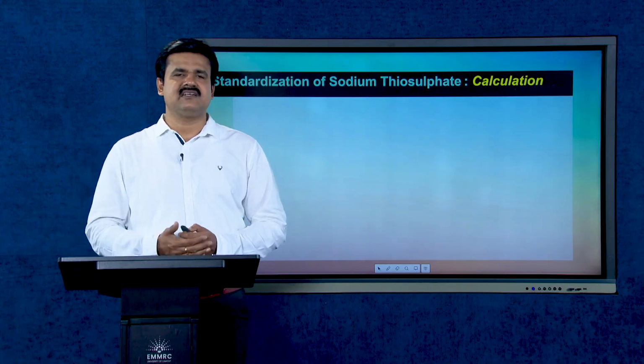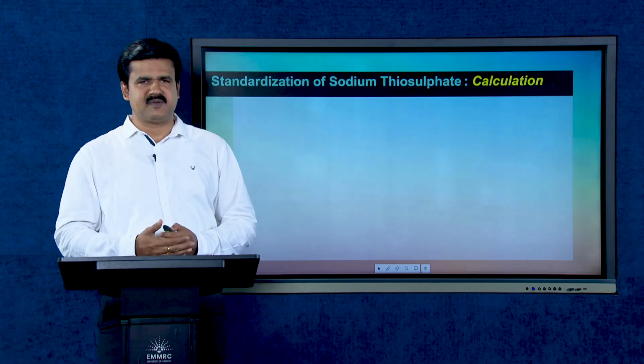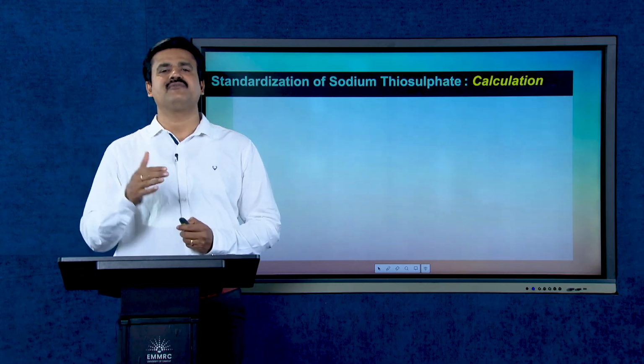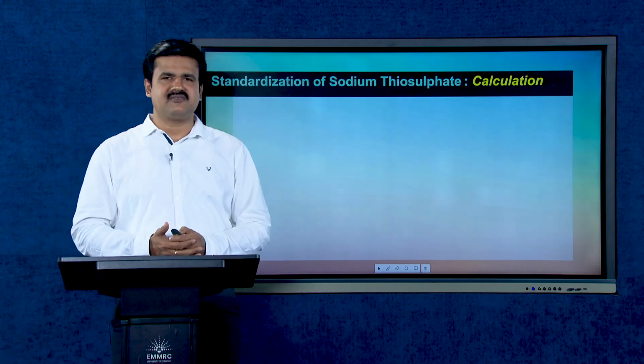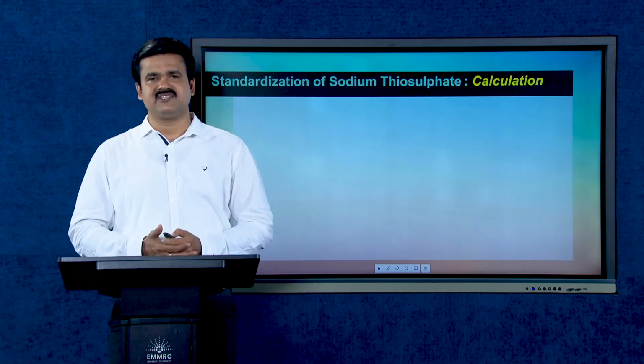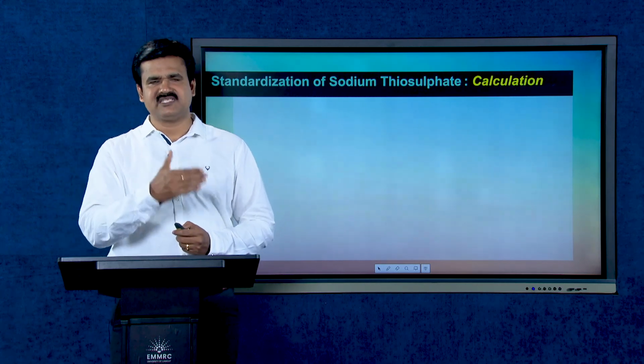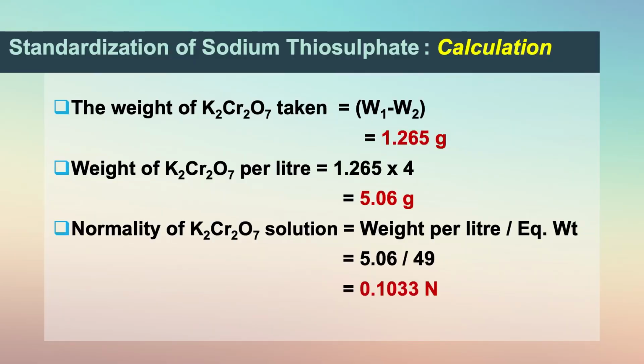We have conducted the standardization part experimentally, and now we are going to perform the calculations, that is, standardization of sodium thiosulfate solution and calculations based on this. The weight of potassium dichromate taken is already recorded as W1 minus W2 and it is equal to 1.265 gram in the present experiment.